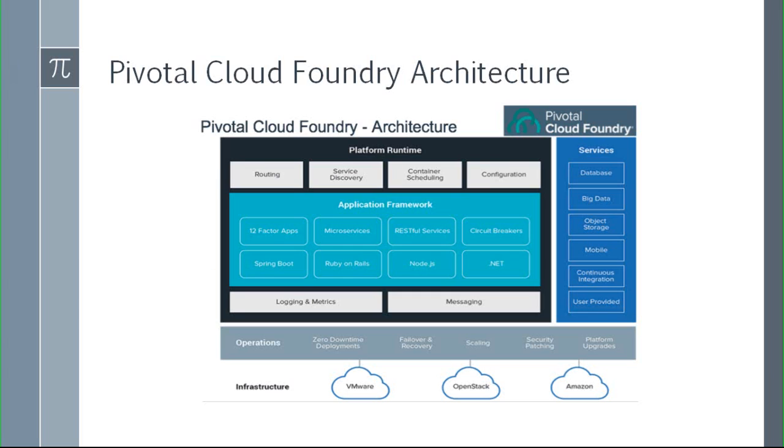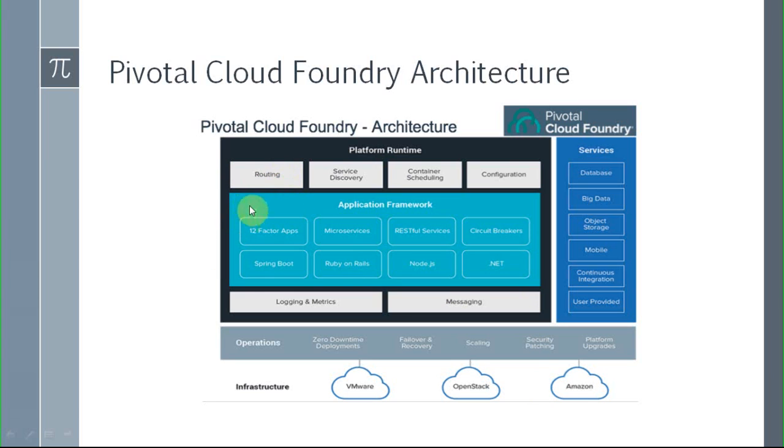Well, in this slide you see Pivotal and cloud-friendly architecture. It seems complex, but I try to describe it with simple words and in a simple manner.